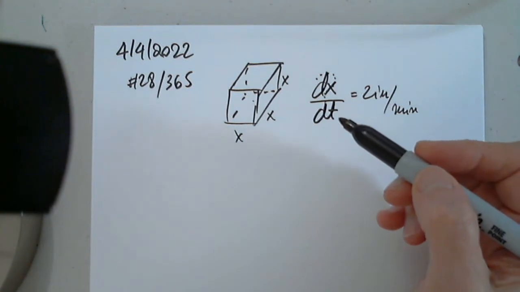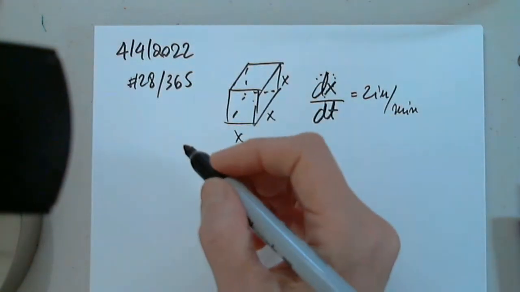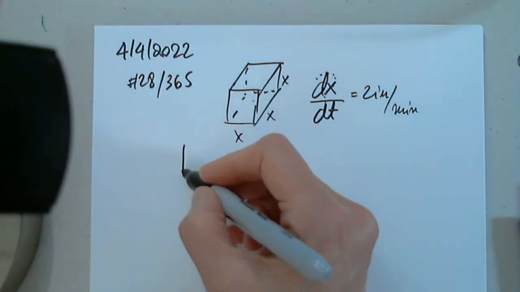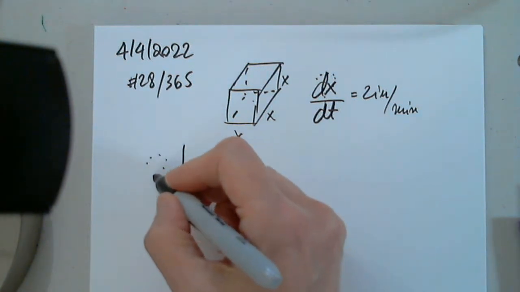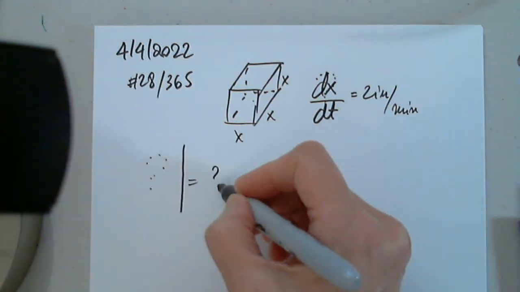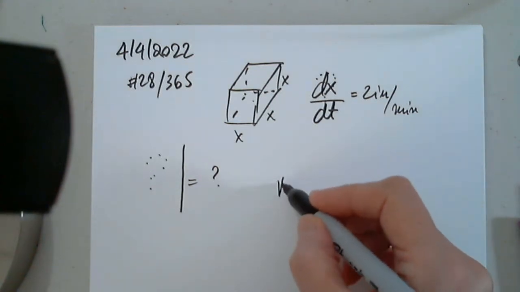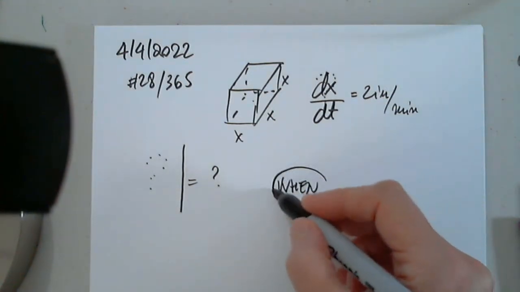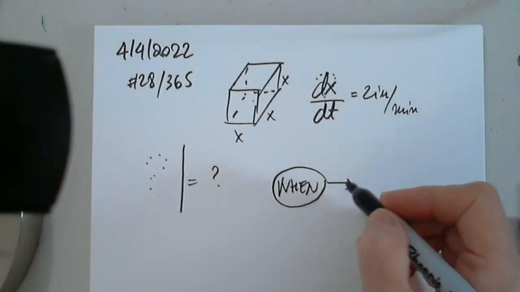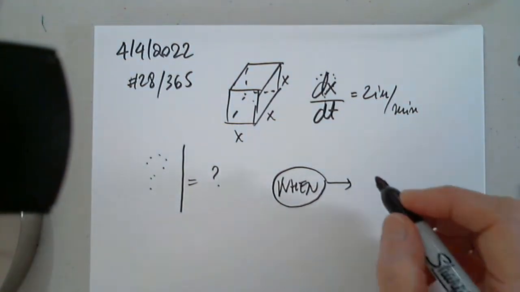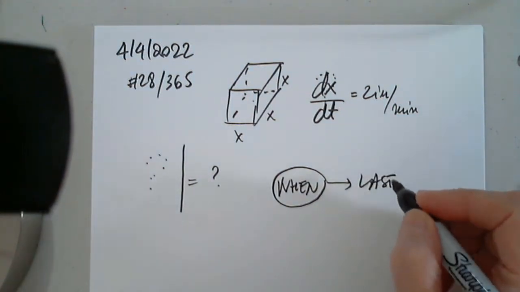Find the rate at which the volume is changing. Remember, whatever follows after "when," or at the instant, at the moment, has to be the last thing to think about.